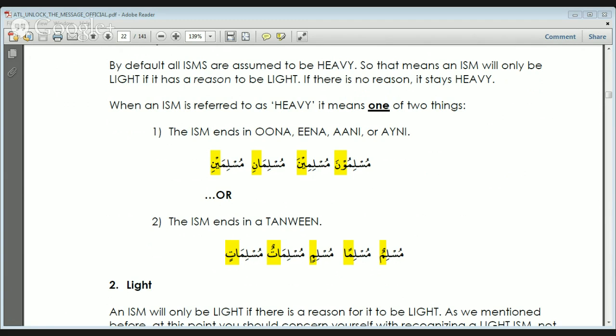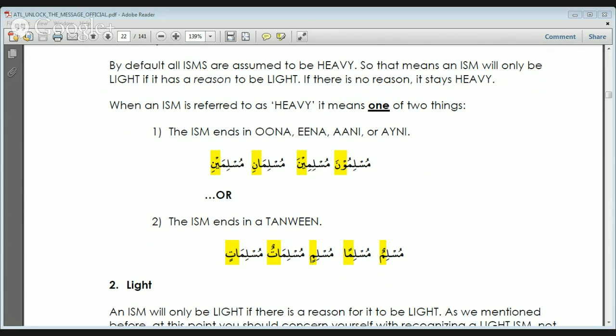A heavy ism means what? It has one of two things. Ends in what? Una, ina, ani, aini. Or ends in tanween.